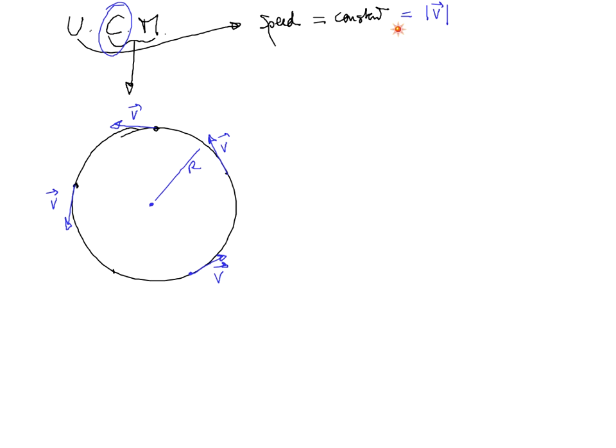If it's not parallel to the v vector, what is the other option that is available to us about the direction of the acceleration? If it cannot be parallel, what is the only other option? Yeah, perpendicular. Excellent.